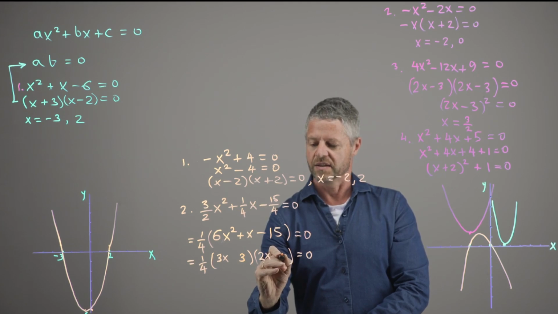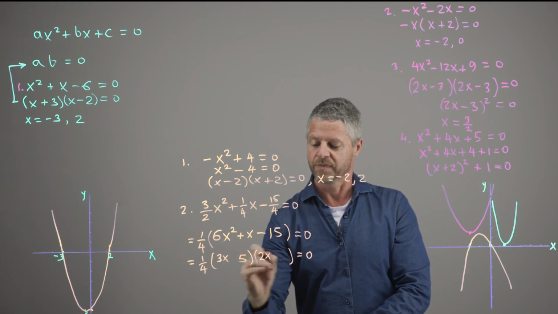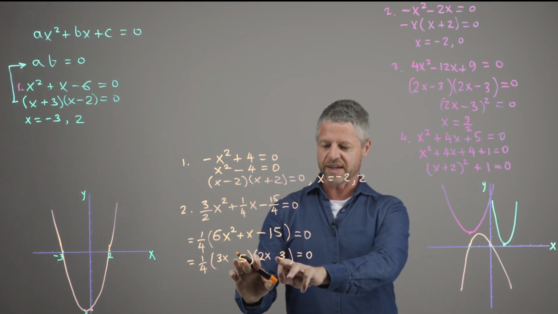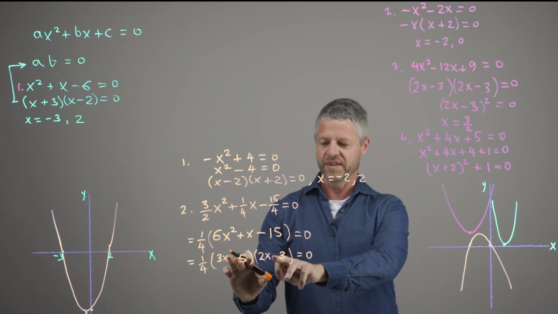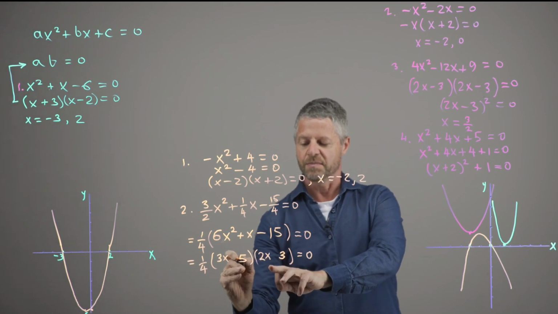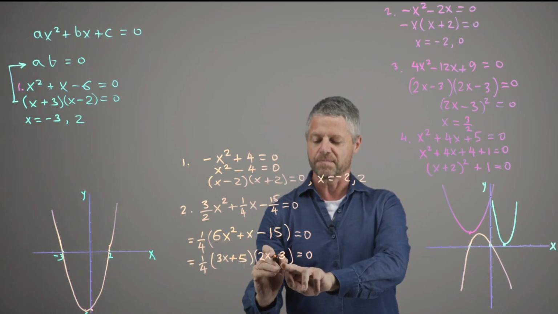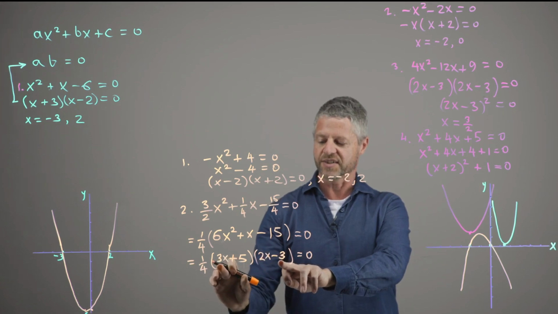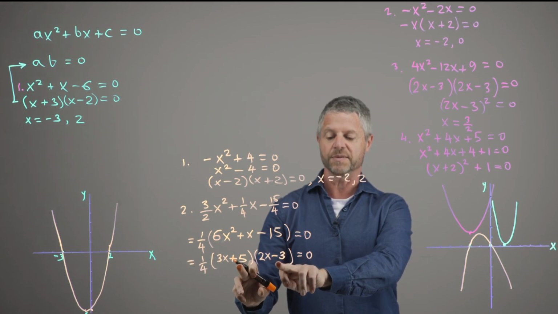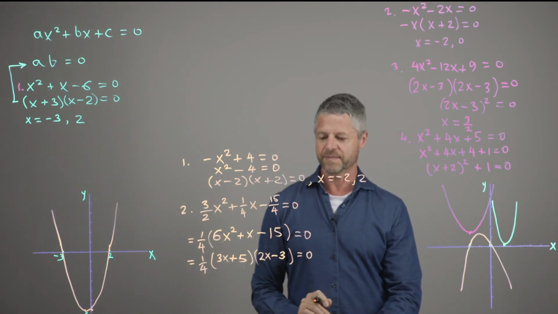And no, sorry, I said I was going to put the 5 there. And the 3 here. And then which way round do I have to put the plus and the minus? I need to have a plus 1x. So I need to have plus 10x from the 5 times 2. And minus 9x from the minus 3 times 3. And then plus 5 times minus 3 is minus 15. So I think that factors it.